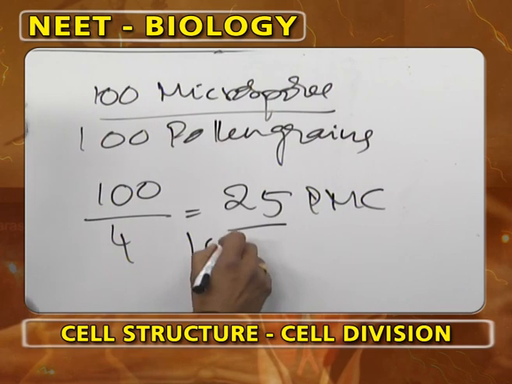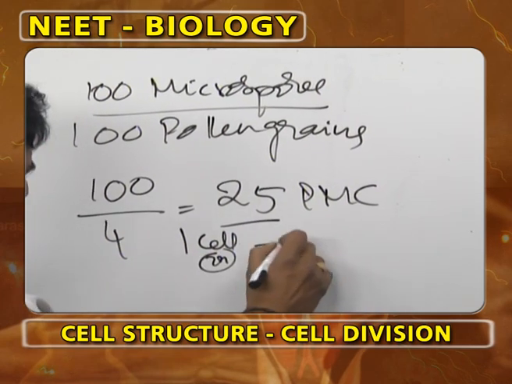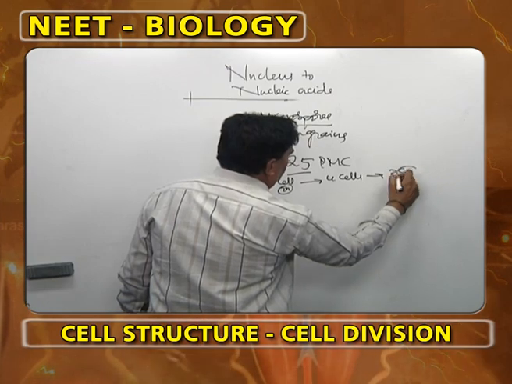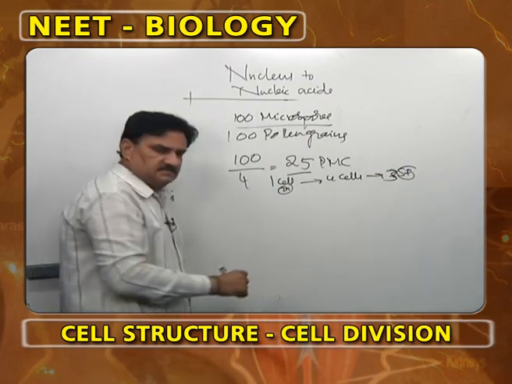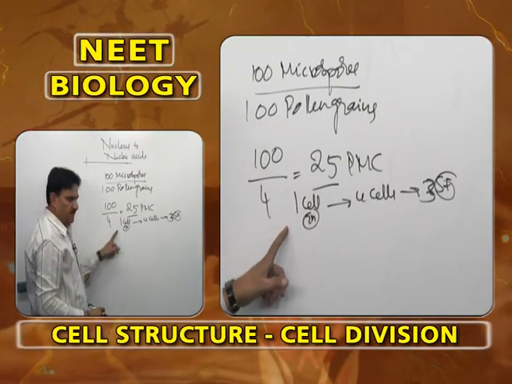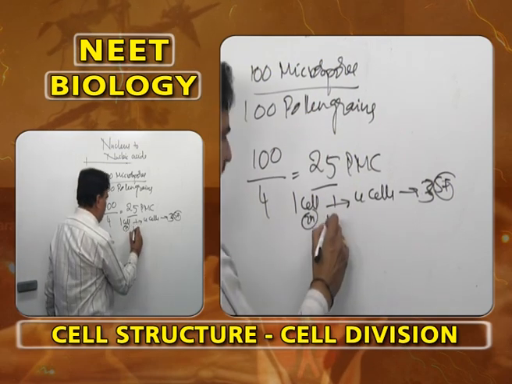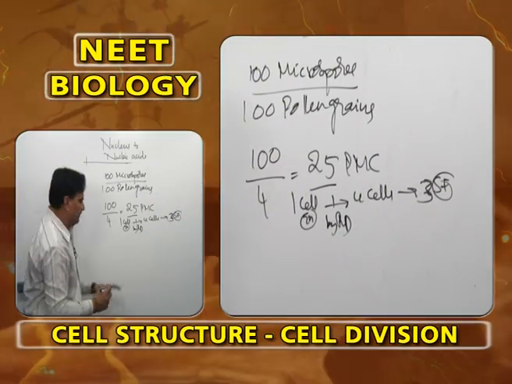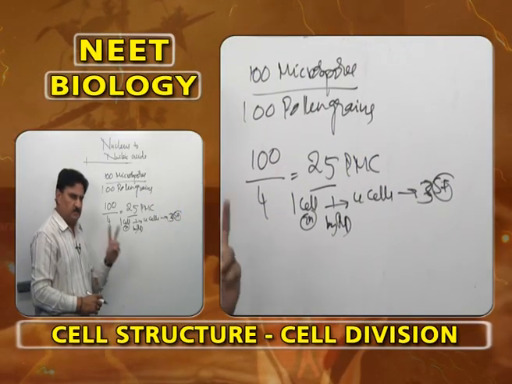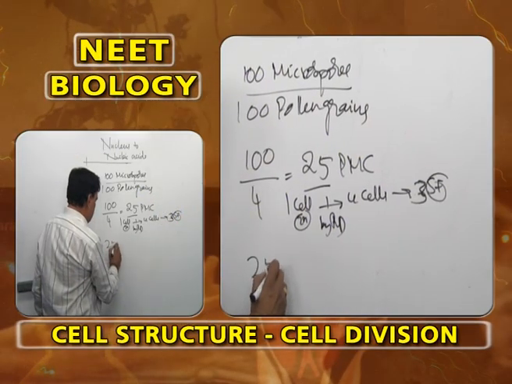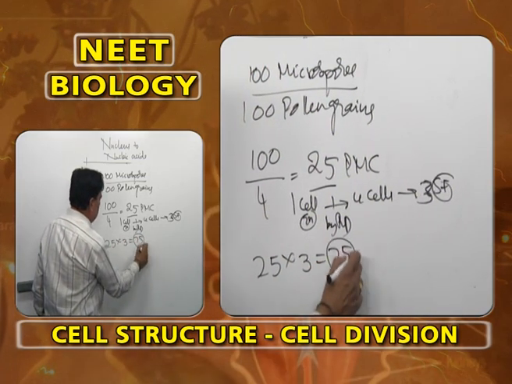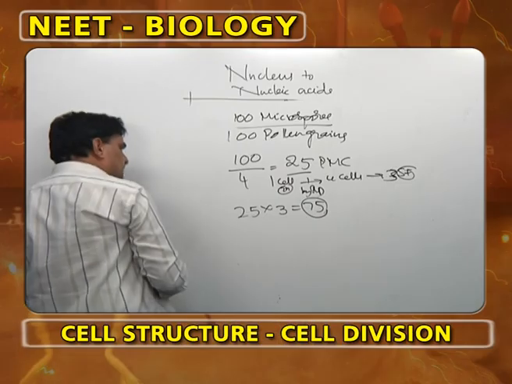For every diploid cell to produce 4 cells, 3 times spindle fibers are formed. Remember this concept. For every one cell to produce 4 cells by reduction division or meiosis, 3 times spindle fibers are formed: 1 time in metaphase 1, 2 times in metaphase 2. So for 25 pollen mother cells, 75 times spindle fibers are formed.